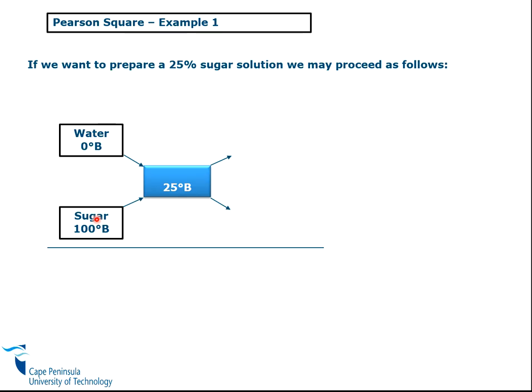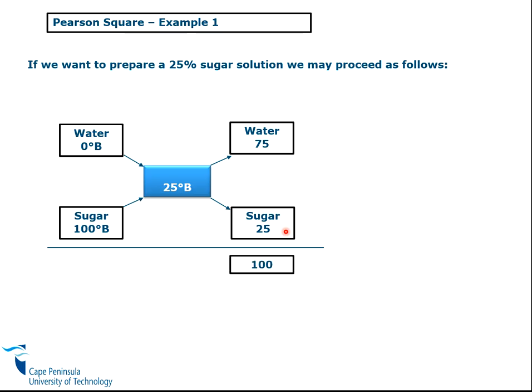As I've said, we subtract diagonally. If you subtract 0 from 25, you get 25, and if you subtract 25 from 100, you get 75. So you have 75 parts of water and 25 parts of sugar. This then gives you a total of 100 parts.